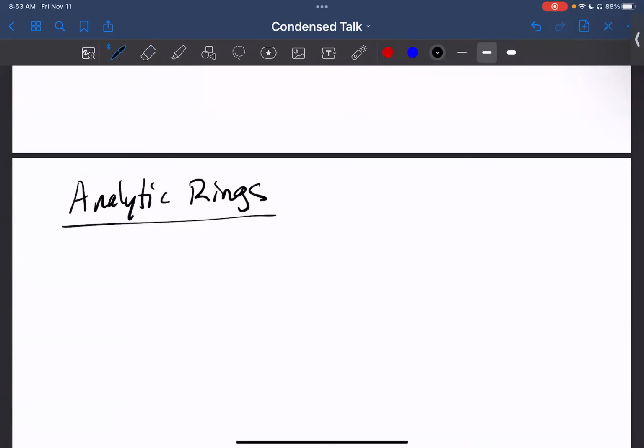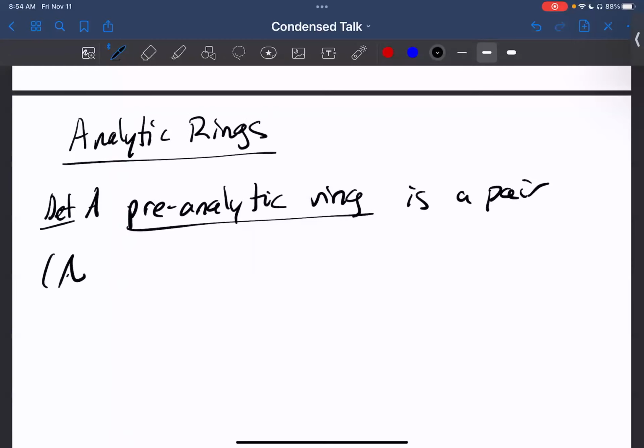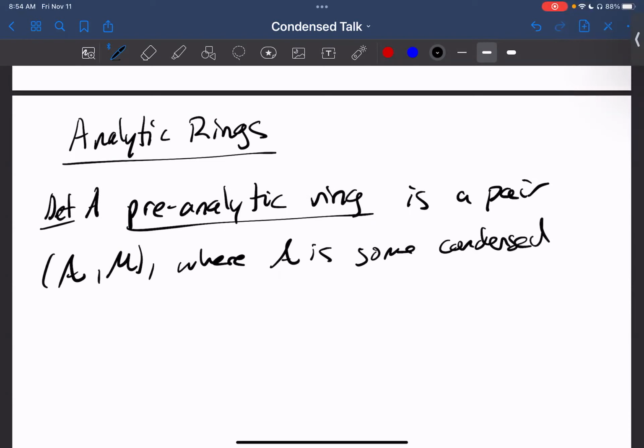So what is an analytic ring? So a pre-analytic ring first is a pair A, M, where A is some condensed ring.